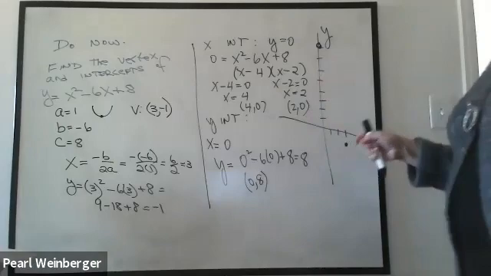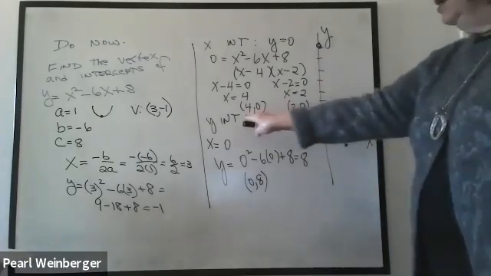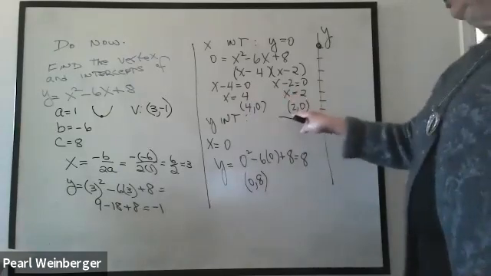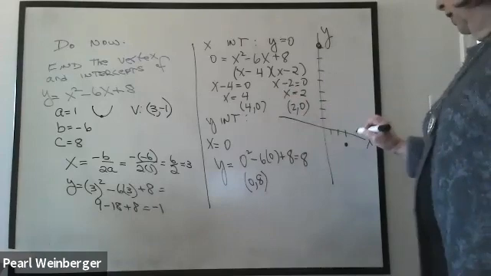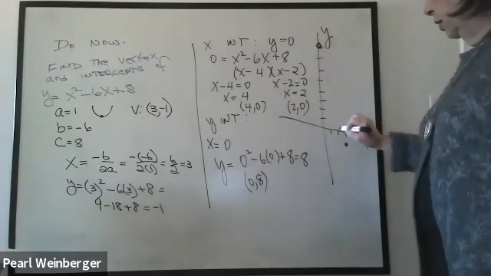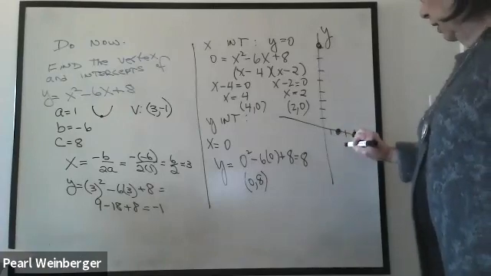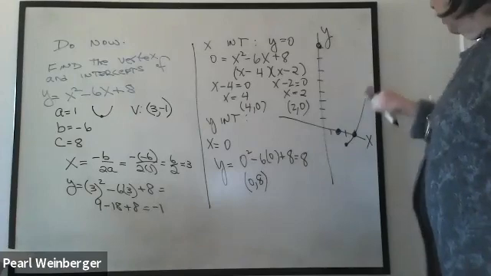Again, you could say the x-intercepts are 4 and 2, but the better way is to write it as a point, (4, 0) and (2, 0), because your y would be 0. So if I put that on my graph, here's (4, 0), (2, 0) is here, and I get a graph that looks, this should really be coming out further.